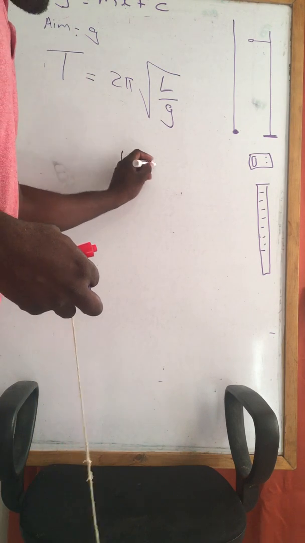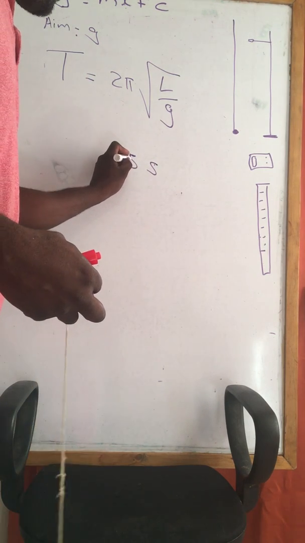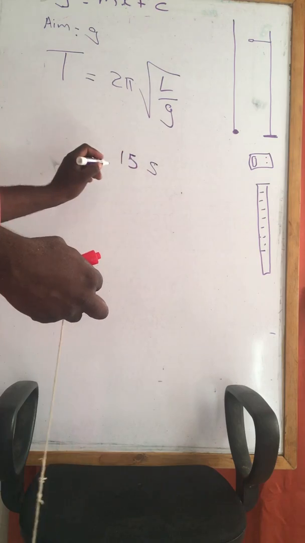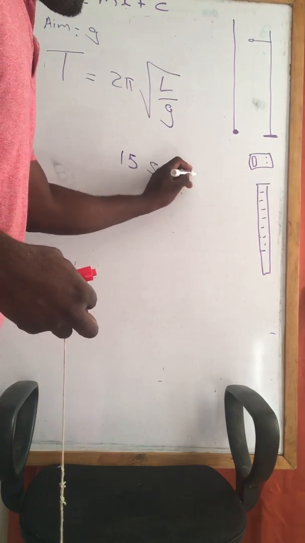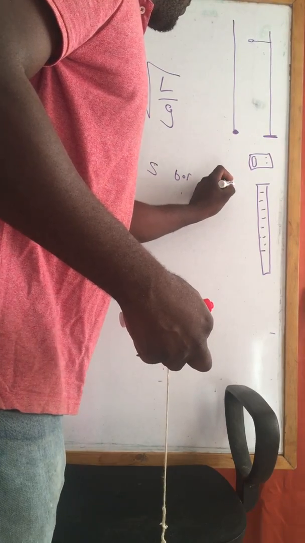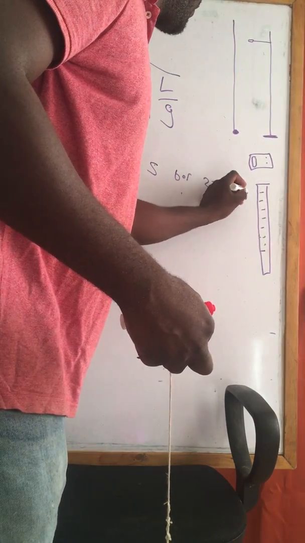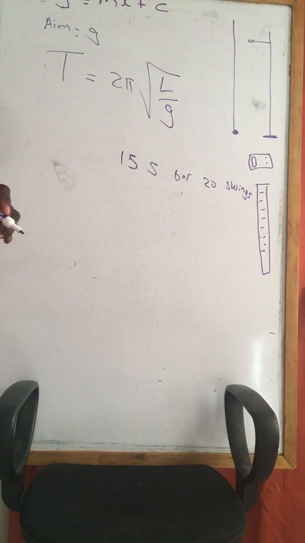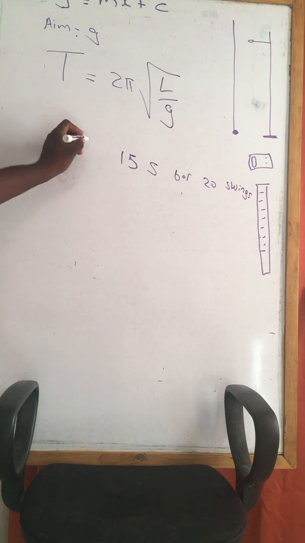So 15 seconds for 20 swings, and that would be small t.